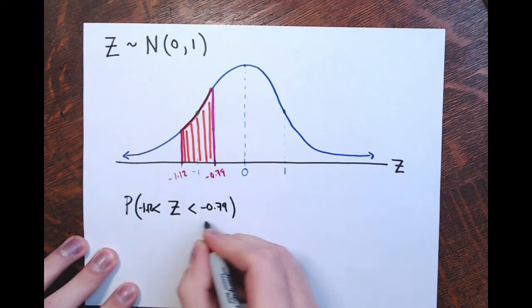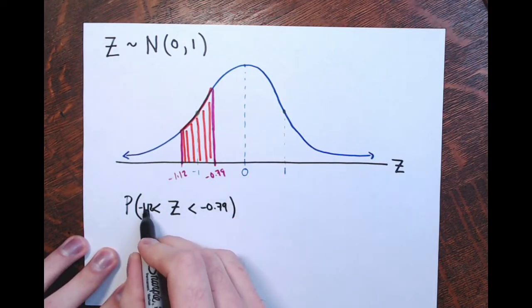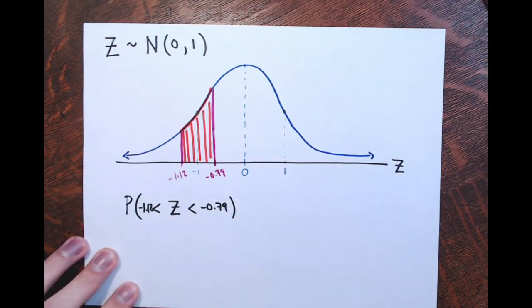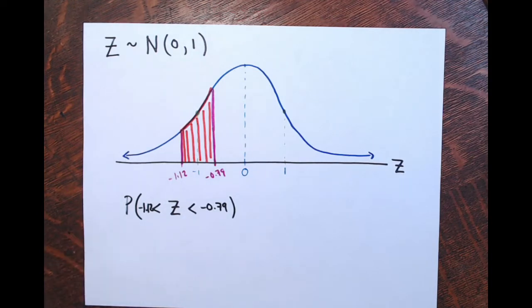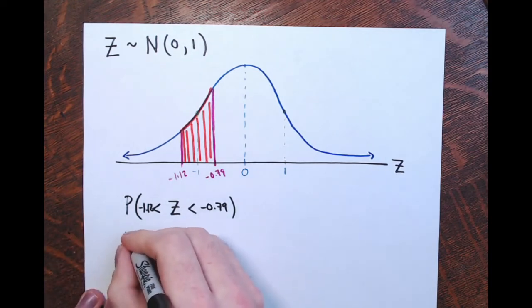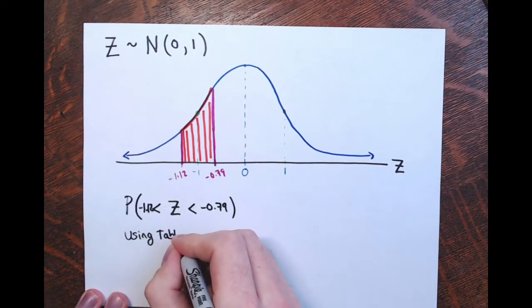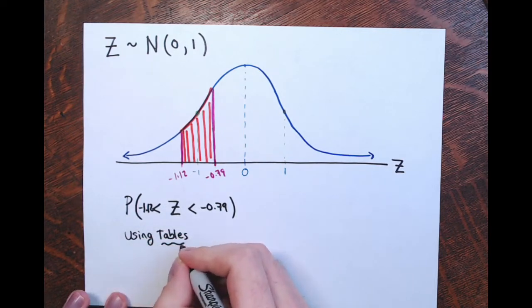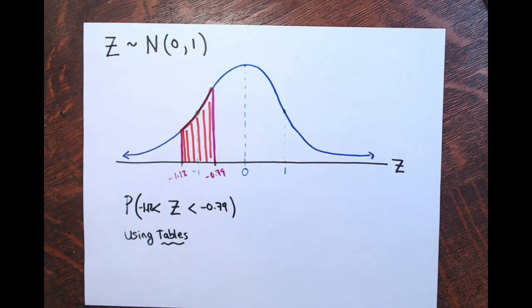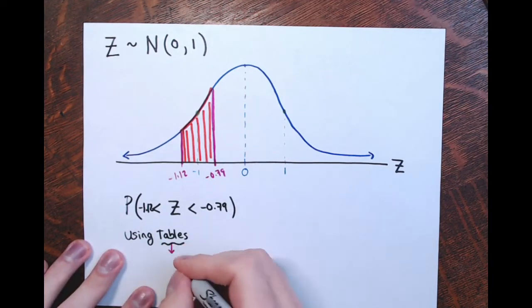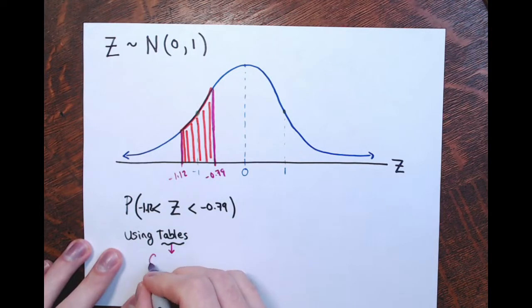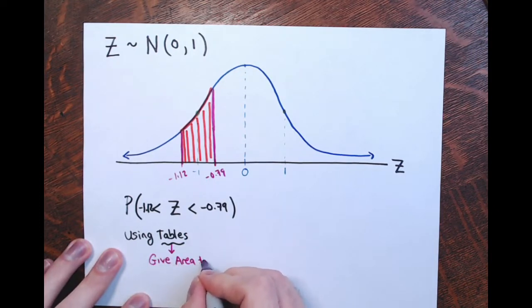Sorry about the clutter there. So how do we now use these tables? Careful. Like I said, the tables give you areas to the left only.